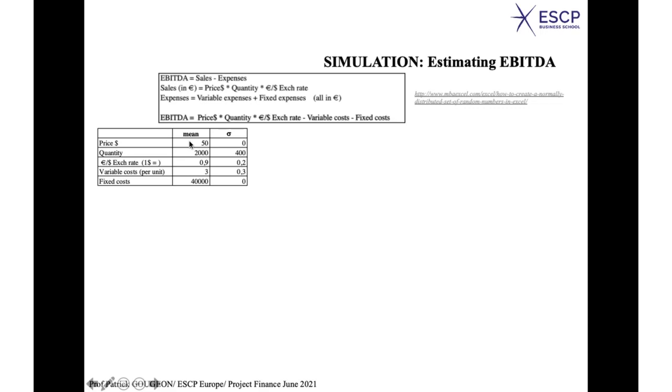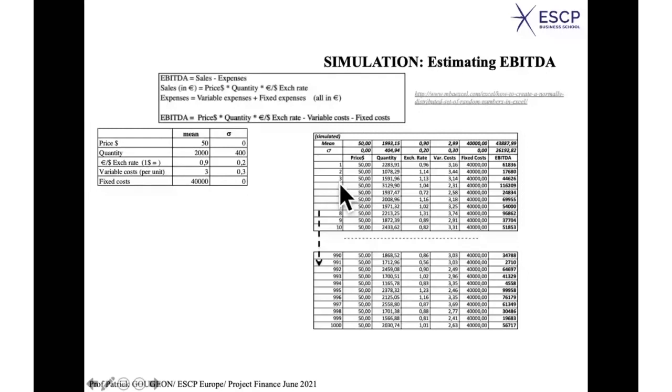In each column, what do you have? You have the price, quantity, exchange rate, and so on, each of the parameters. And in each column, you have numbers, 1,000 numbers exactly, because I have done, for this example, 1,000 simulations. The series of numbers follow a normal distribution with a mean that corresponds to the assumption and a standard deviation that also corresponds to the assumption made, which is in the matrix here.